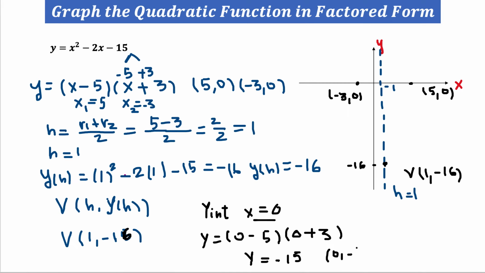So we write this y-intercept as an ordered pair. Let's say here is somewhere, it's not to scale of course, 0 and minus 15 is the y-intercept.